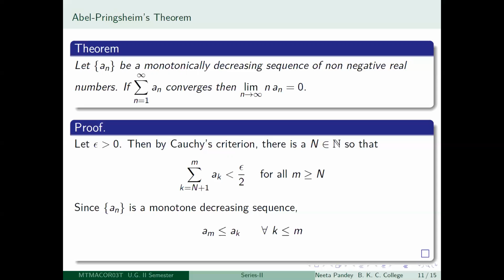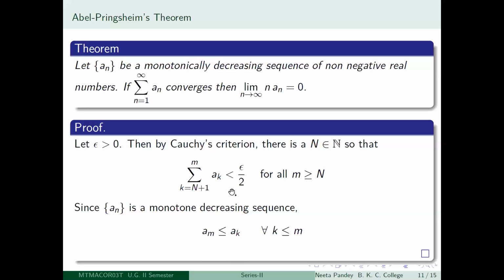Now what is happening is that if you replace each of these aks by am, then the number will decrease, right? Because k ranging from capital N plus 1 to m are all numbers which are less than or equal to m. So each of these aks is going to be greater than or equal to am. So if you replace each of these aks by am and then add, the number you get is going to be less than this number.